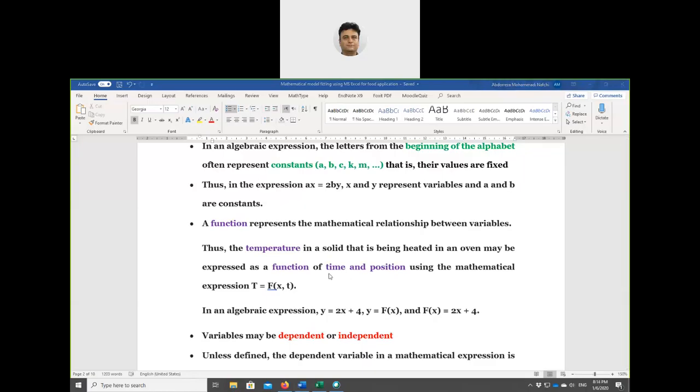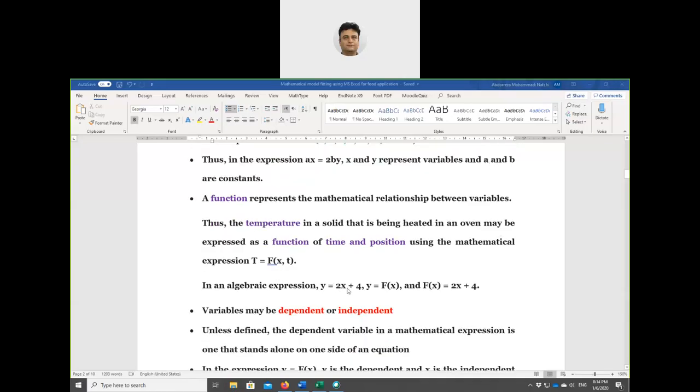When a solid material starts heating in an oven, the temperature increase is a function of time and position. Different position, different temperature, and over time the temperature will change. So we write T, temperature, equal a function of x and t, where small t represents the time and x represents the position. We call this a function.